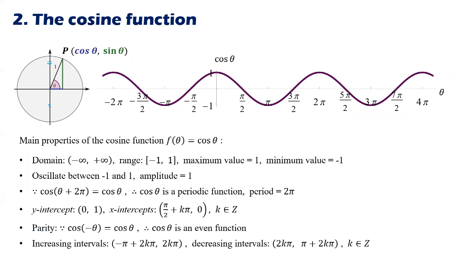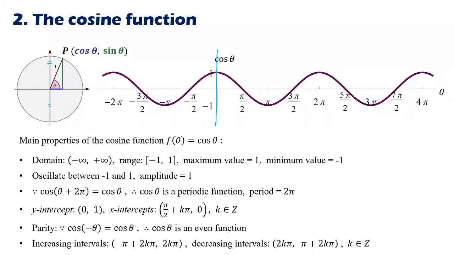Okay, next let's consider the parity. Because cosine minus theta equals cosine theta for all theta, cosine theta is an even function. It has a line symmetry about the y-axis, right? Okay, so all the increasing intervals are minus pi plus 2k pi to 2k pi.